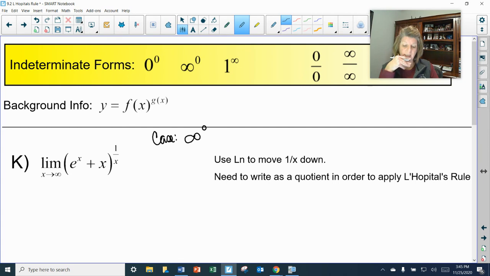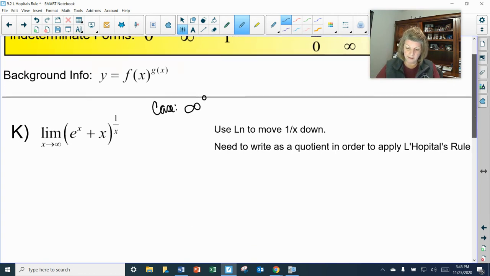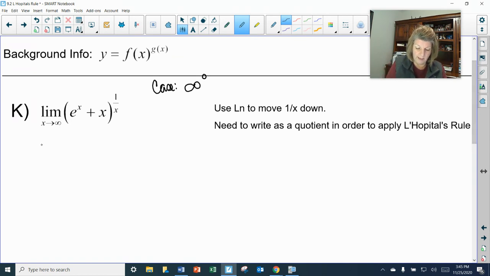And I would need to get it to quotient in order to use L'Hopital. I've got variable x in the main level as well as in the exponential spot. So what I'm going to do to both sides, because I want to be able to move that 1 over x down, I'm going to natural log both sides.